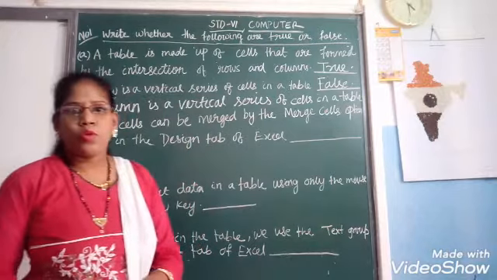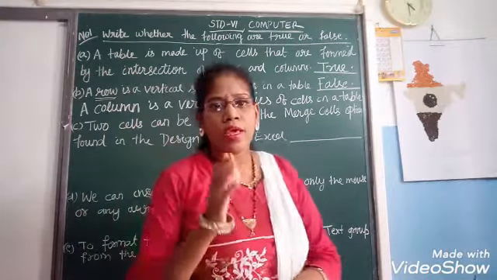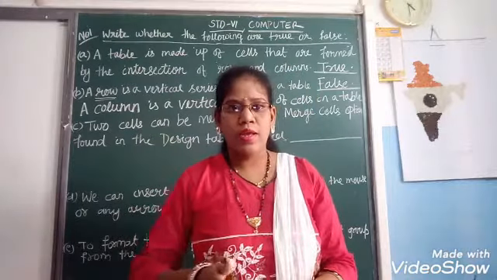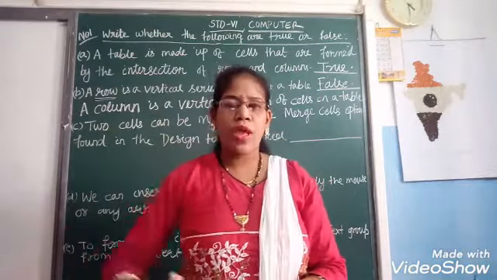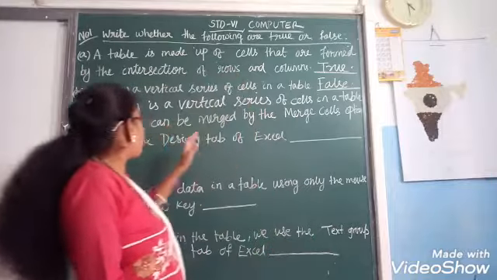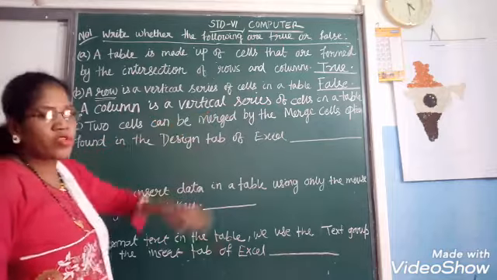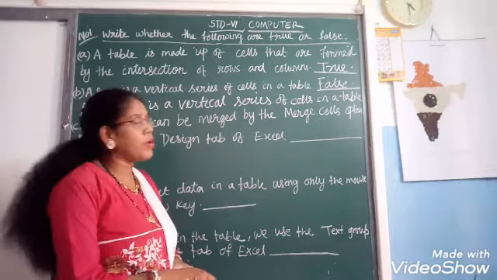You call it a column. This is known as vertical and this is known as horizontal. So, instead of row, you can write: a column is a vertical series of cells in a table.